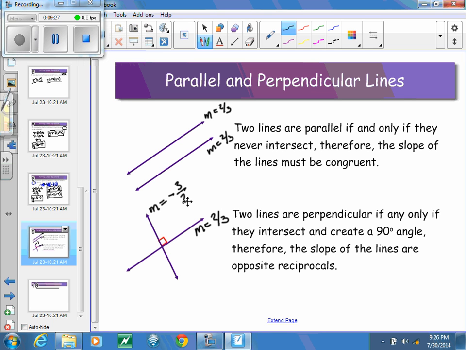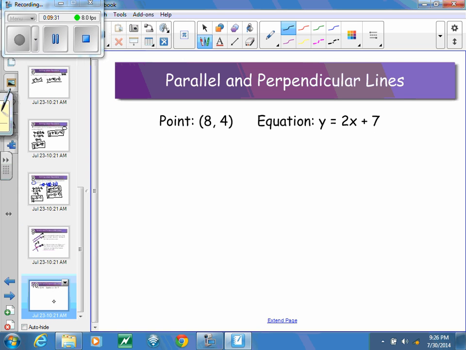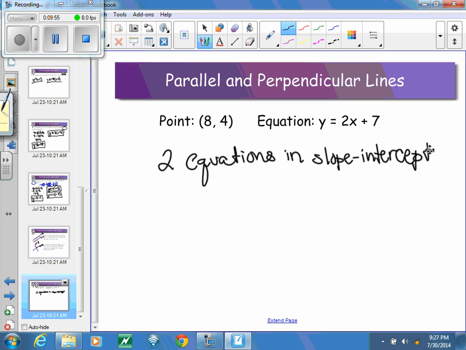Now I have an assignment for you to do. My last example, I want you to try and figure this one out and come with it to class tomorrow. I want you to come up with 2 equations in slope-intercept form that go through this point.